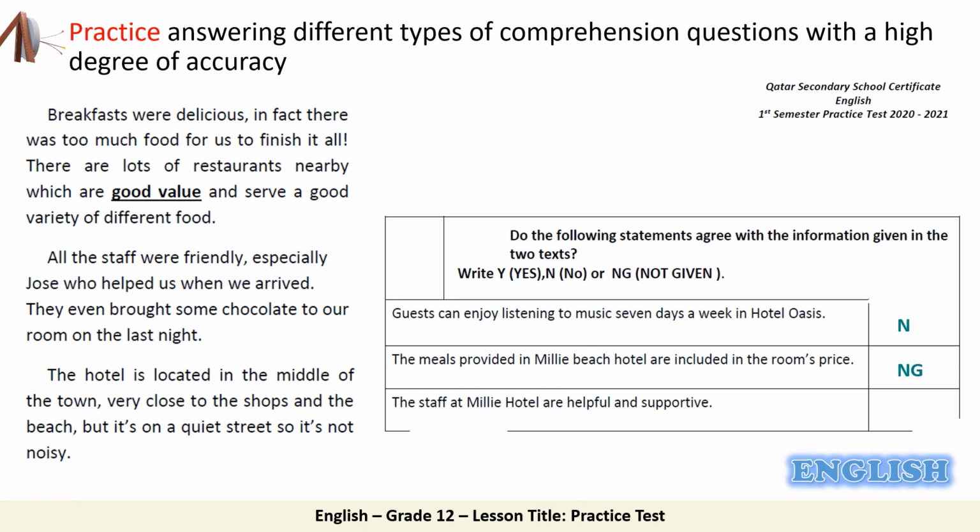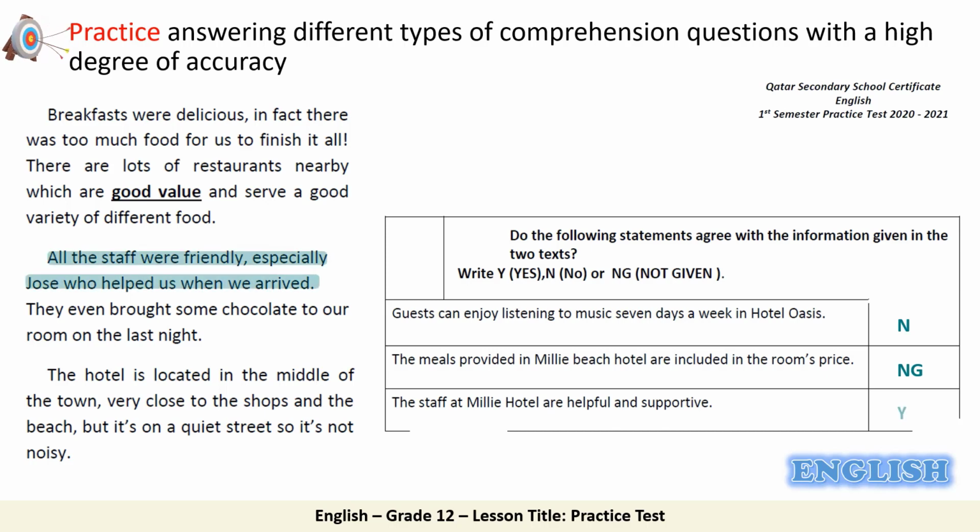Now for the last statement, I would like you to pause this video here and find out if this statement agrees with the information given in the text. Well done. Let's correct together. So the statement says that the staff at Millie Hotel are helpful and supportive. So what have you found? Excellent.